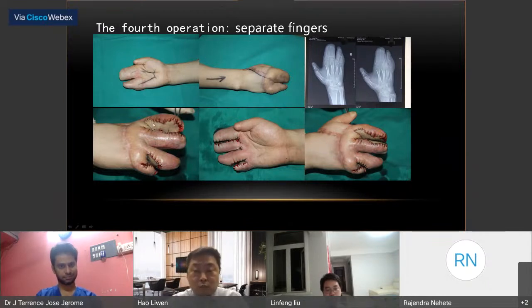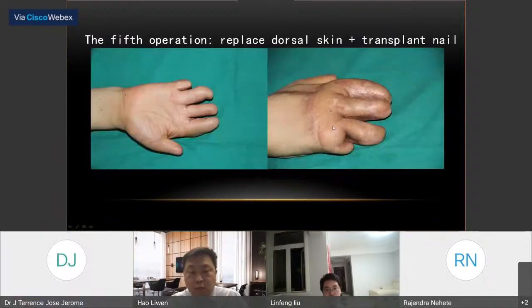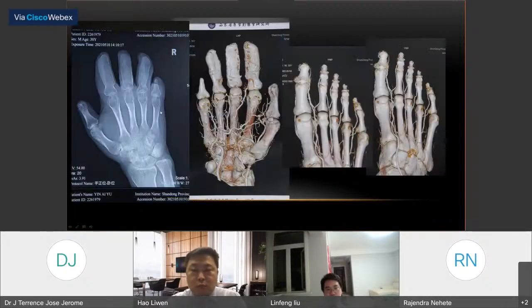We need a skin graft. In the fifth operation, we replace the dorsal skin and transplant the nails. This is the X-ray. The bone is good. This is the CT examination.